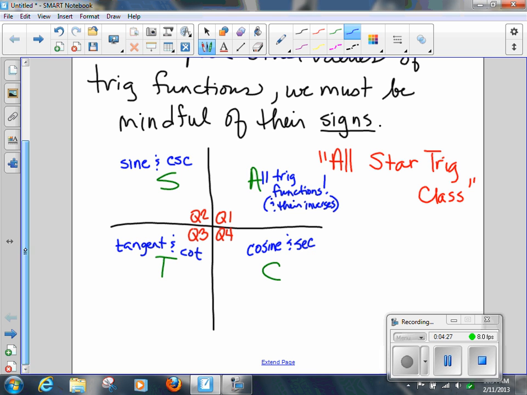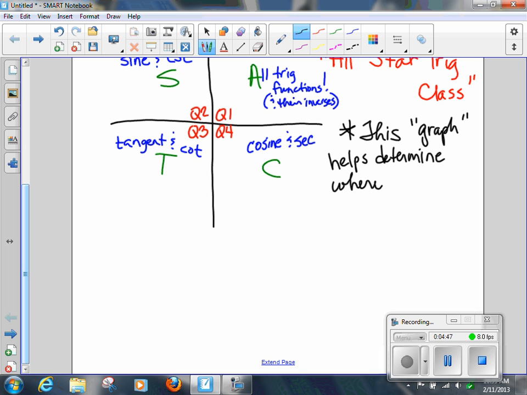This helps you determine, and this is the most important part, folks, this graph, if you will, helps determine where the respective trig functions are positive.